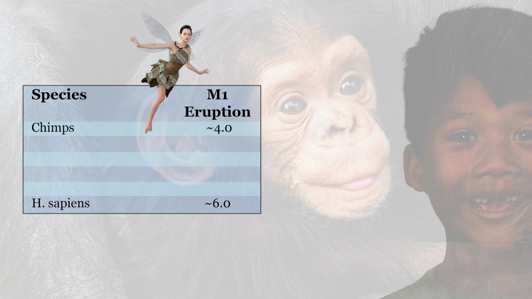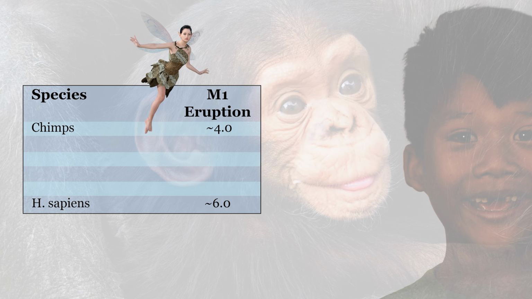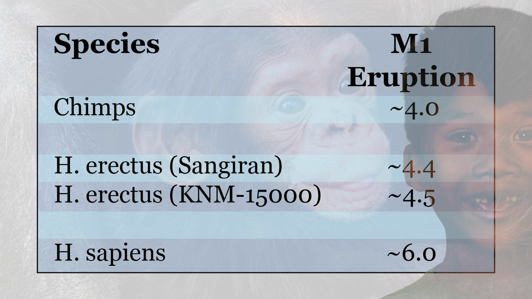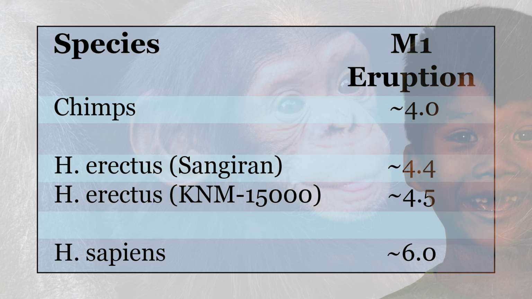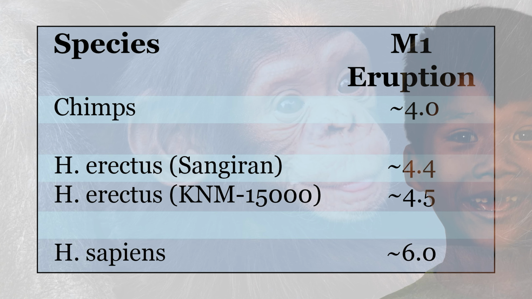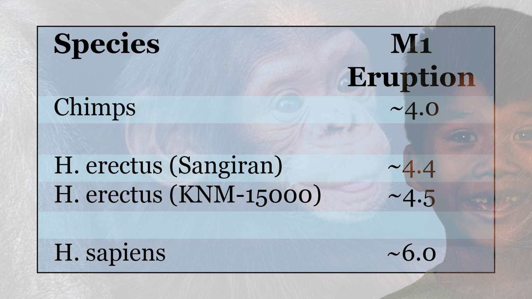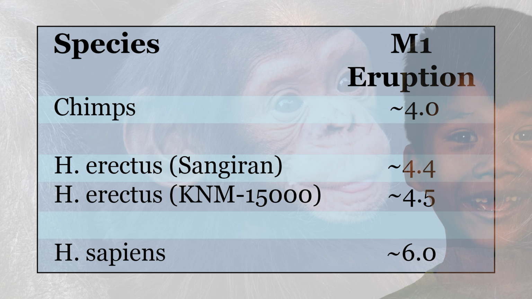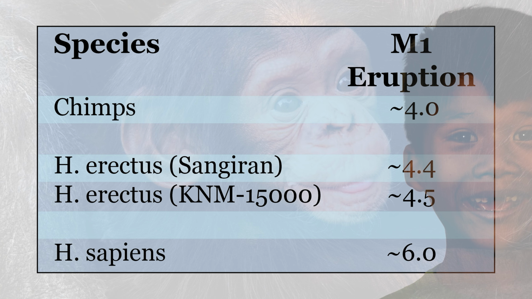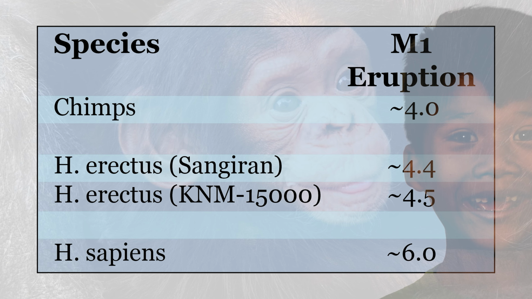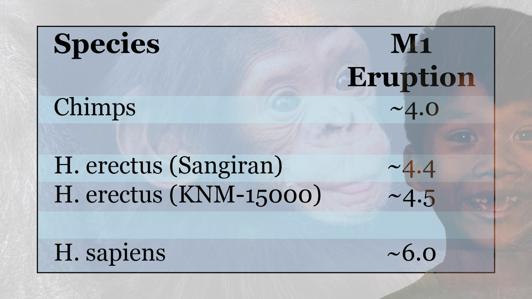But here's the real interesting part. When they look at early Homo erectus fossils, they find that on average, their first molars appear at around 4.5 years old. This is kind of striking to read and to even just think about. Homo erectus is often called the first human.